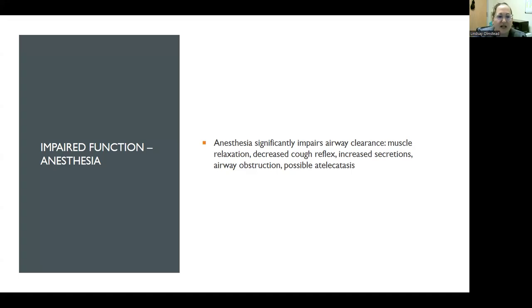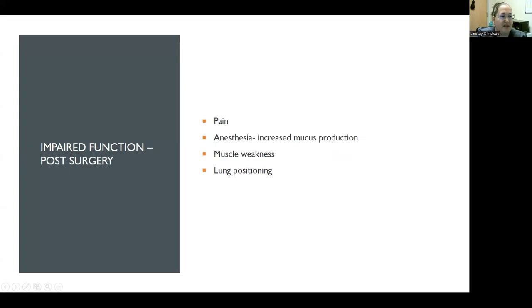And with positioning of these patients, supine positioning, for long periods of time or just in general, can exacerbate airway obstruction by putting pressure on that airway. So that's where you have some of that impaired function with anesthesia.